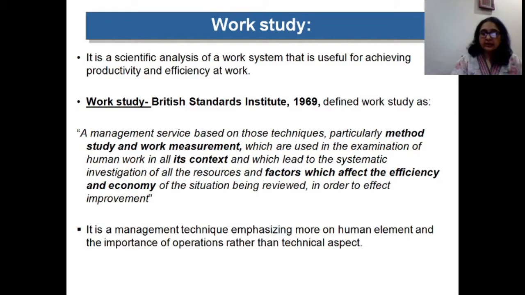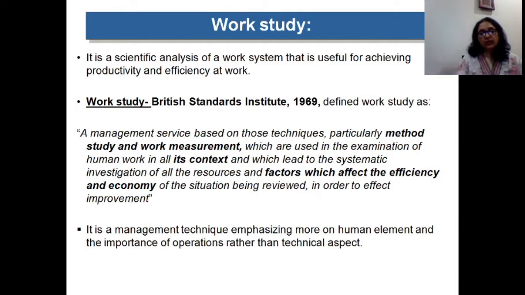And work study is the systematic examination of the work in all its contexts. That means you are studying the job in its entirety. Right? So this contextual analysis helps to understand the activities of people, plant and machineries. Then it helps to identify the factors that affect their efficiency, that is the efficiency of plant, people and machinery, and how to achieve economy through their optimum utilization, right?